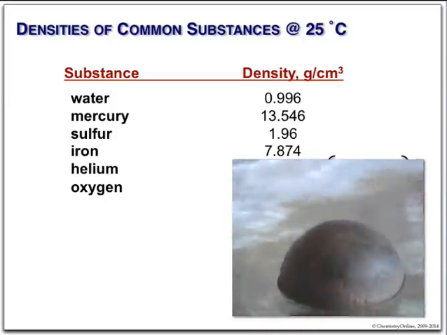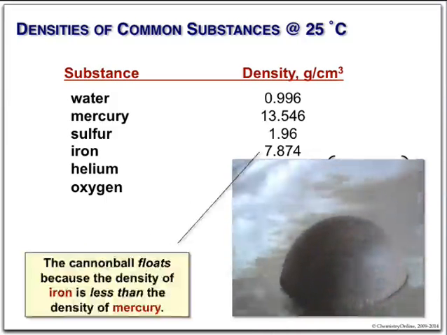Why does the cannonball float? Cannonball floats simply because iron is less dense than mercury. So you can actually stand on a puddle of mercury like this, and it will support you because you are even much less dense than iron. Kind of cute. Any questions?